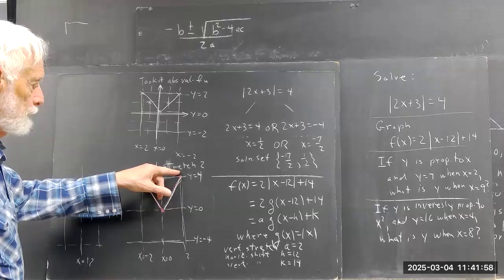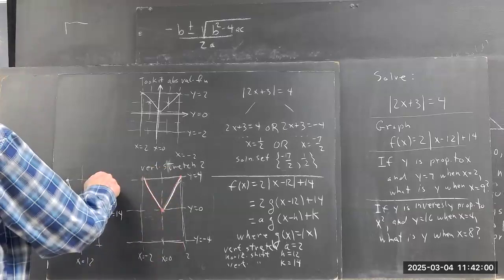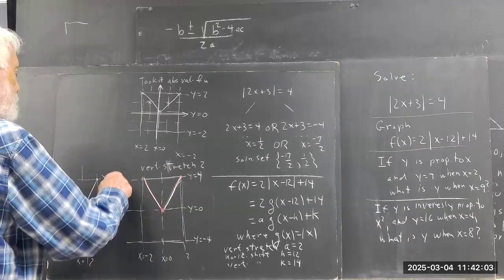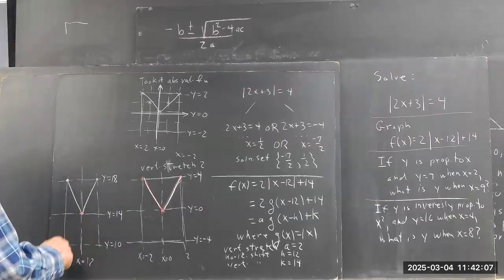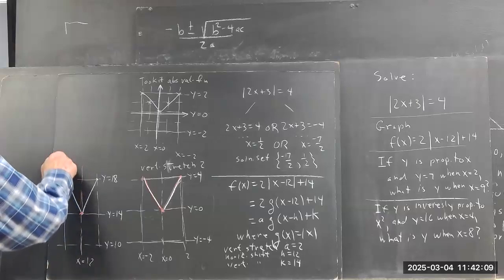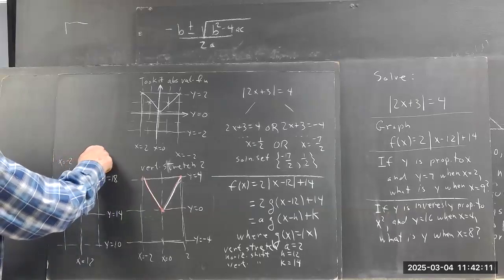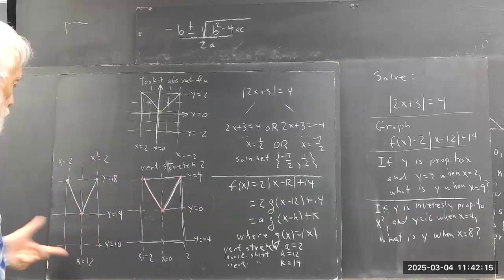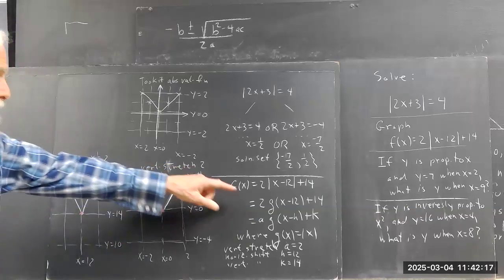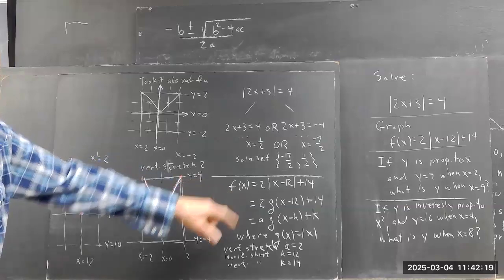It's 4 units from here to here. It's 4 units from here to here. So this is y equals 18. This is y equals 10. And this is still x equals -2 and x equals 2. And now you've got a complete picture of the absolute value function that we have here.